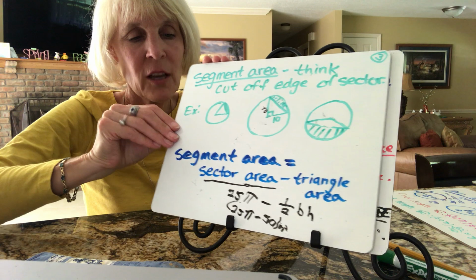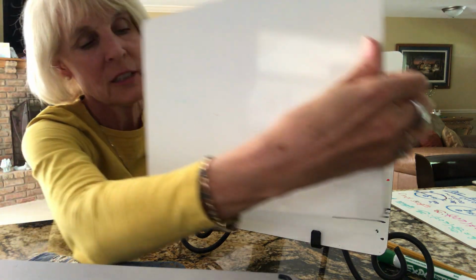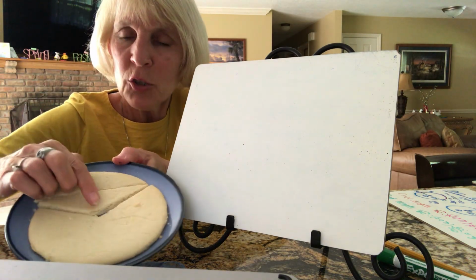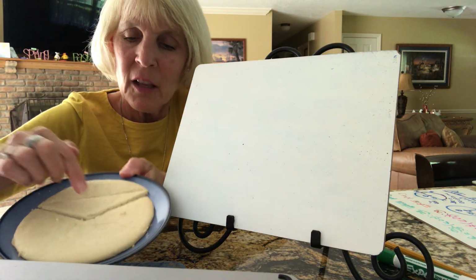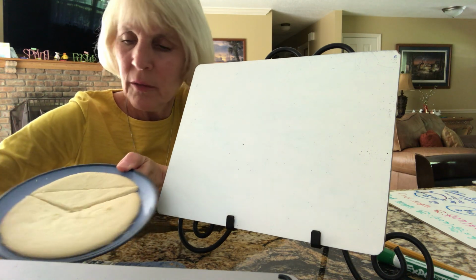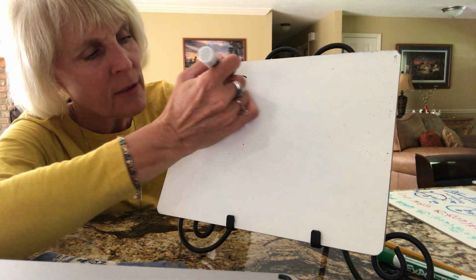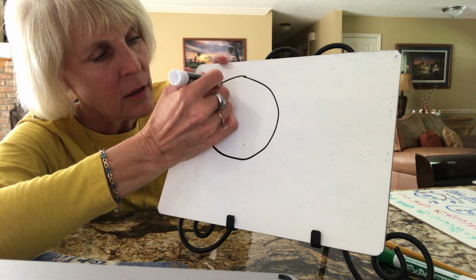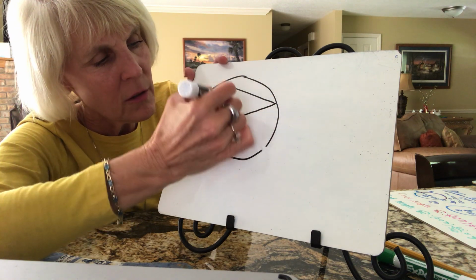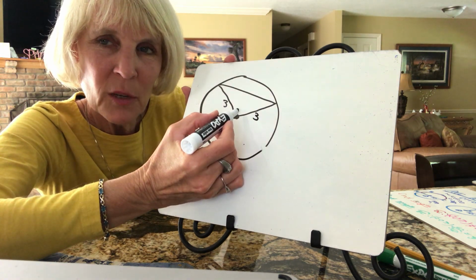So let's go back to that original cookie and see what happens in the original cookie that I had where I said it was 120 degrees central angle. How would I find the area of this? And we had a 3-inch radius, okay? So now we've got 3 inches for both our radii, but this is 120 degrees.